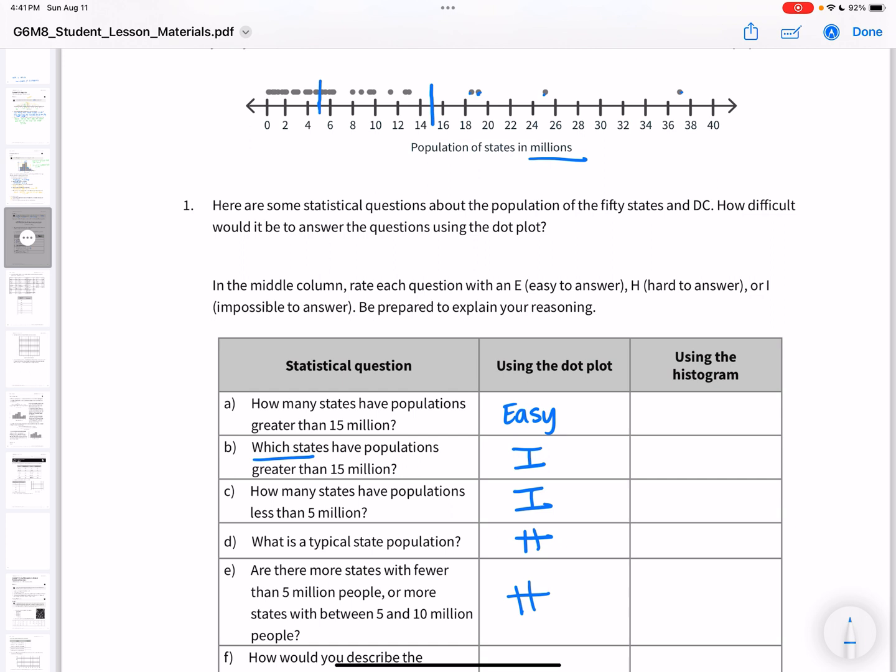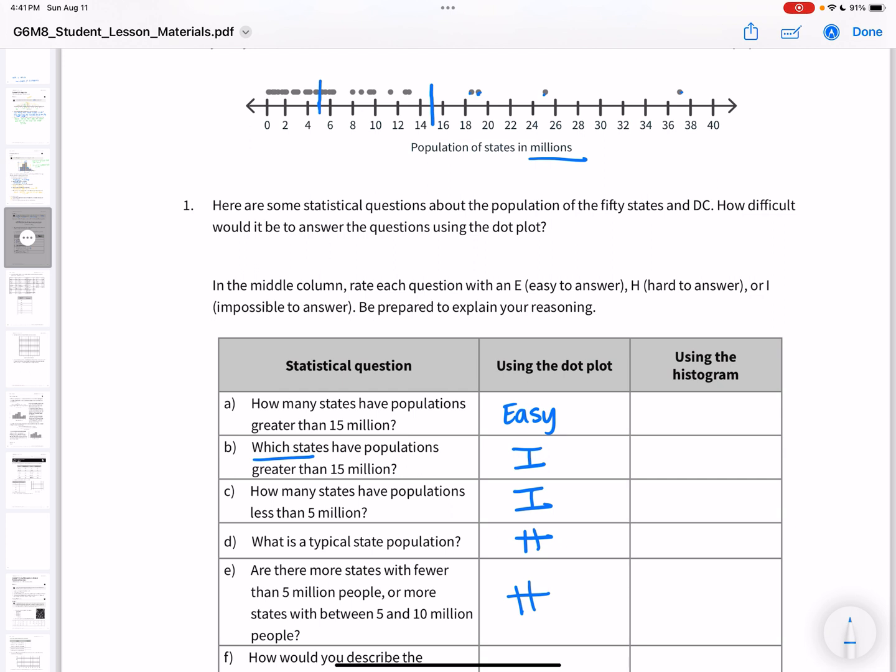Because remember, when we have dots on top of each other at 10 million, they indicate how many states have 10 million people. You could have 10,000,001 people, and that would require a new dot just to the right of 10 million.